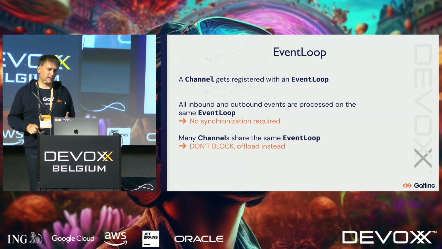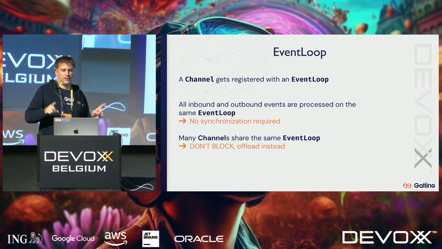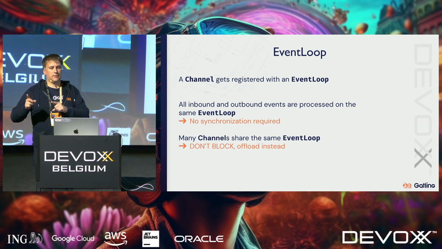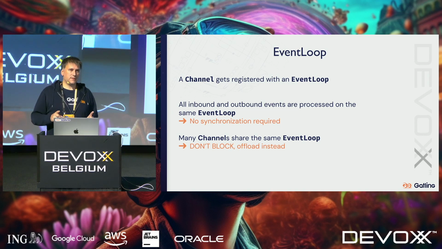Second consequence is that the relationship between channels and event loops is many-to-one. So one channel is always associated to one single event loop, but one event loop can process multiple channels. Important consequence, it means that you must absolutely avoid blocking inside your handlers, your custom handlers.